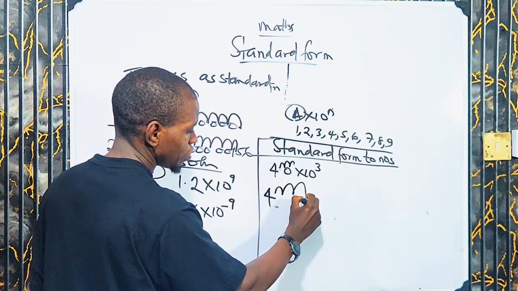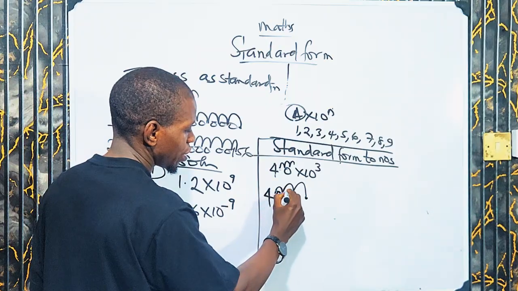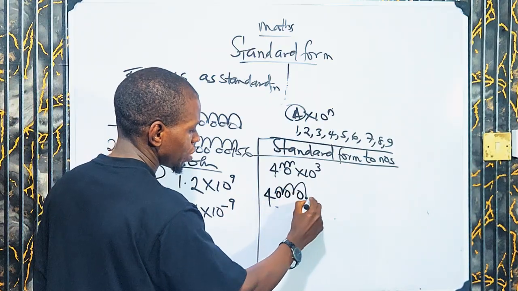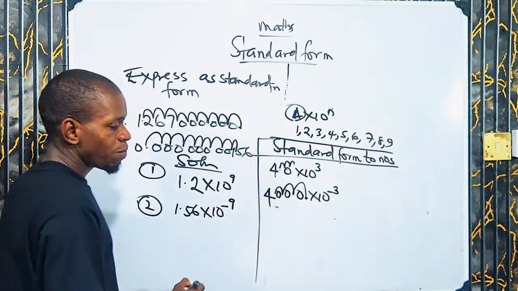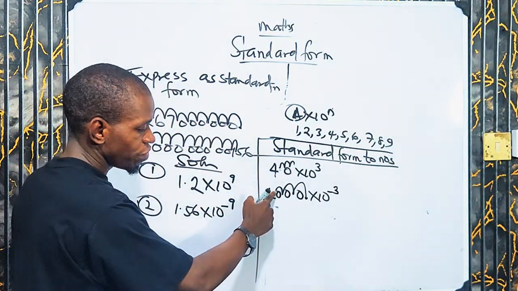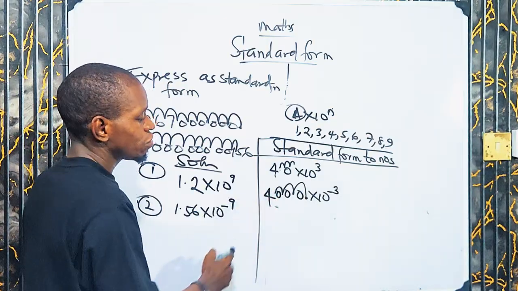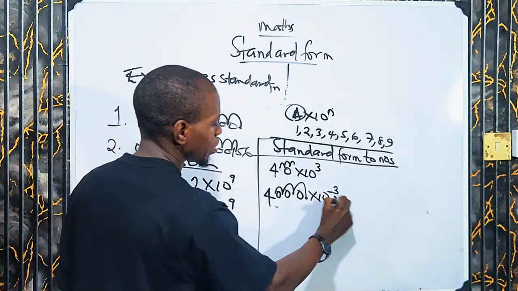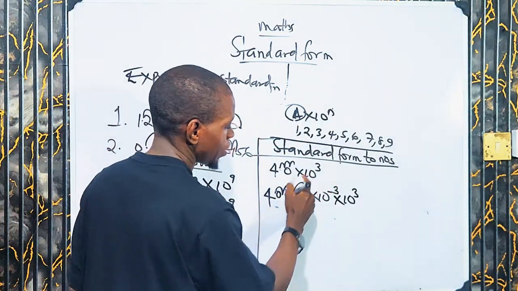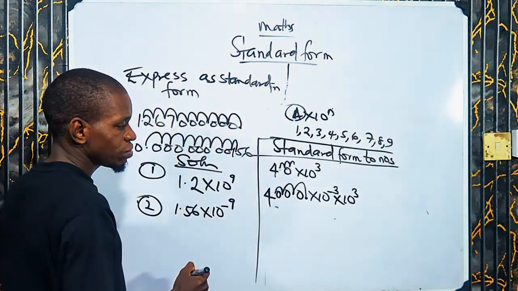I move it 3 times. This is my point. I'll put 0 here, 0 here, and 0 here. Because I moved it 3 times from front to back, I'll say times 10 to the power minus 3. So this is going to be times 10 to the power what? 3. Remember, 10 to the power 3 is there already.